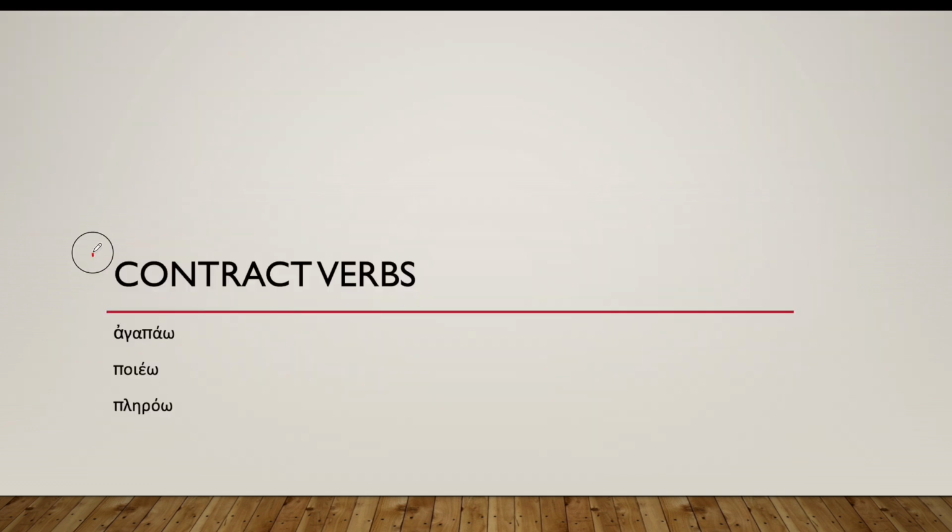The next part of this lecture is dealing with something called contract verbs, and they are not verbs that are used when you're making a contract. They are verbs that have a vowel at the end of their stem, and these vowels contract.